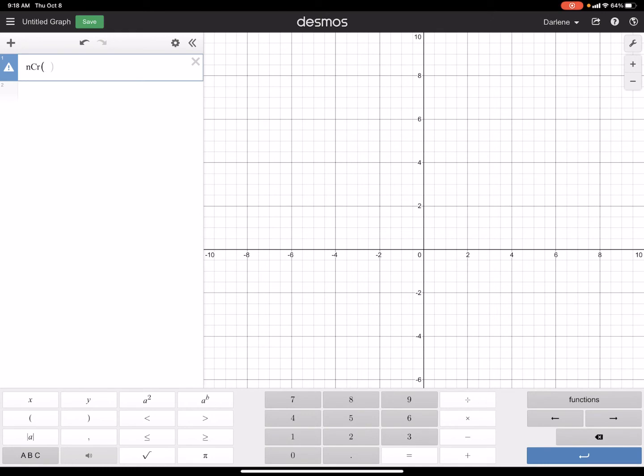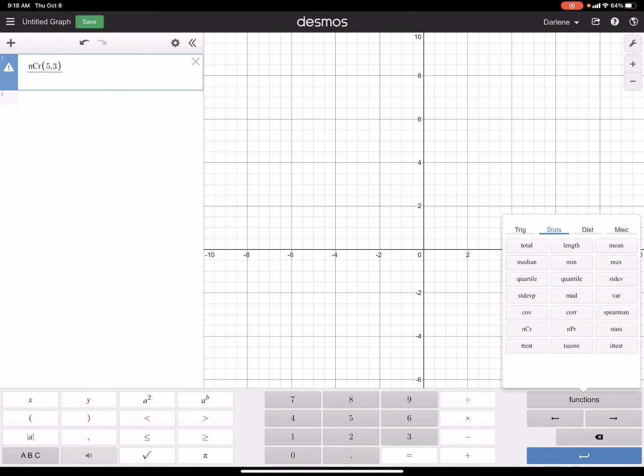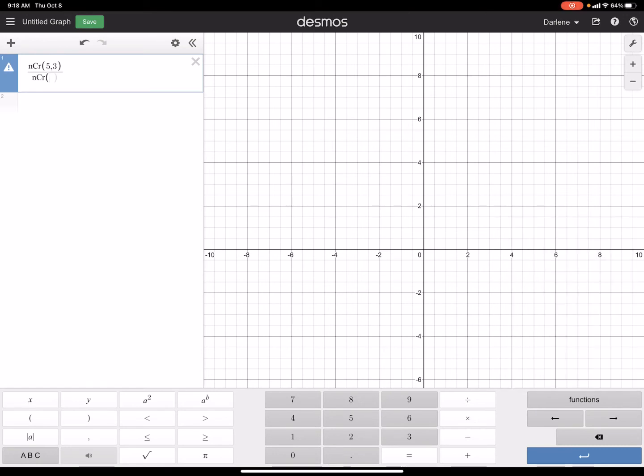So remember when x equals 0, we had all of them to be calibrated, so we're going to 5 choose 3, so 5 comma 3, divided by, going back to the function NCR, out of the 7 in the box that we're choosing 3.